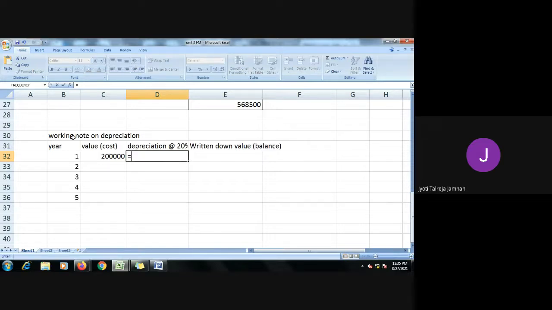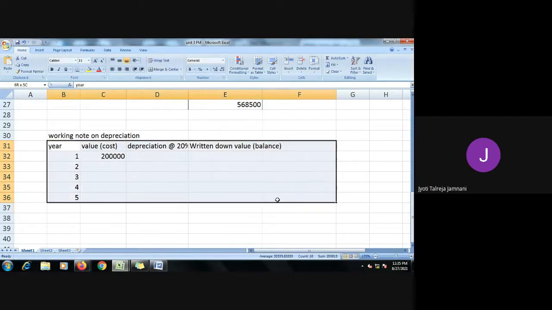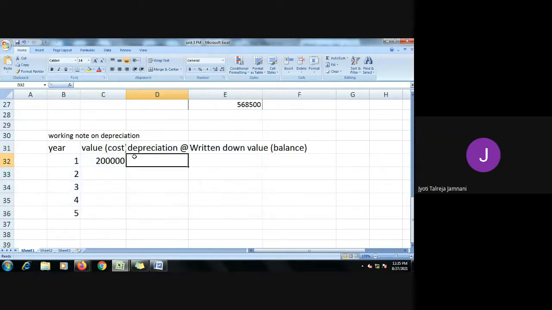Now on this 2 lakh rupees, we have to calculate 20% depreciation. I'll just increase the font. I don't know if it's visible. On this 2 lakh, the rate of depreciation given is 20%.